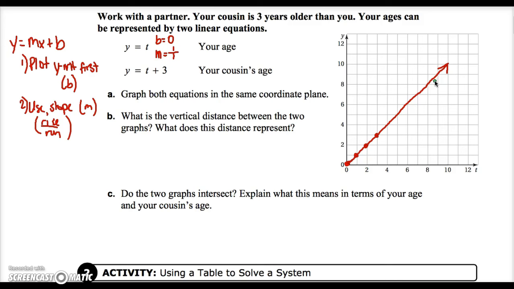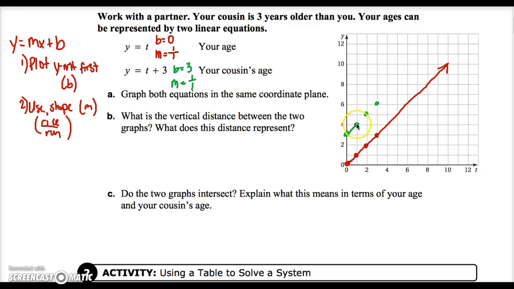Okay, and then we're going to graph your cousin's age. So again, looking at this form, plot the y-intercept first. So what number is in the b position? That would be 3. So I'm going to come up and I'm going to plot 3 first. And then the slope, the number in front of the t, well, that is again 1, which is 1 over 1. So I'm going to rise 1, run 1, and I could keep doing that.